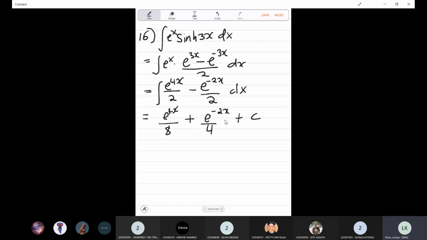So it shouldn't take you more than a couple of seconds to check that your answer is in fact correct. So we then have the inverse trigonometric and inverse hyperbolic functions.